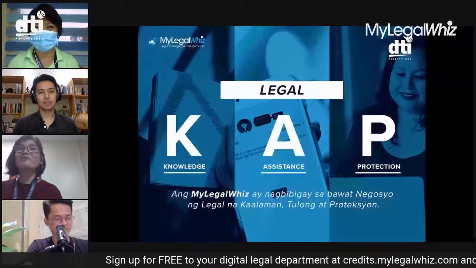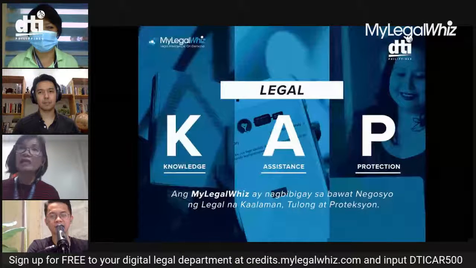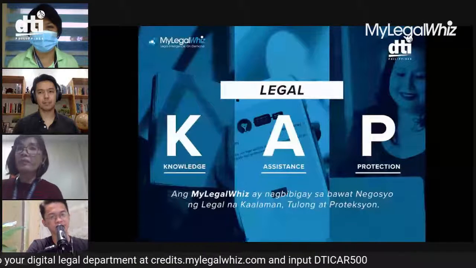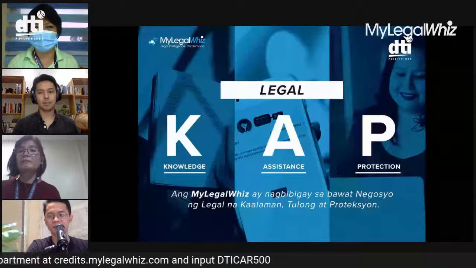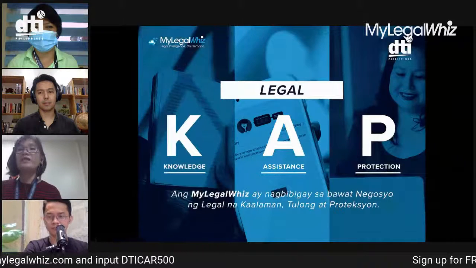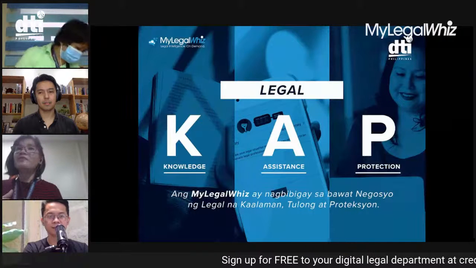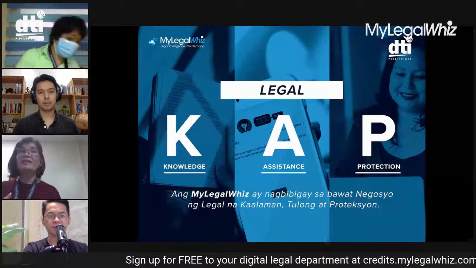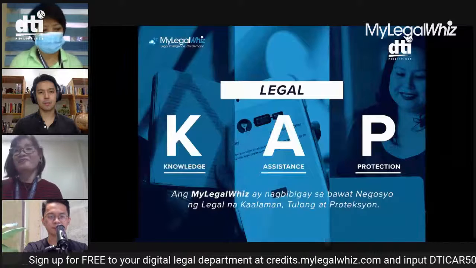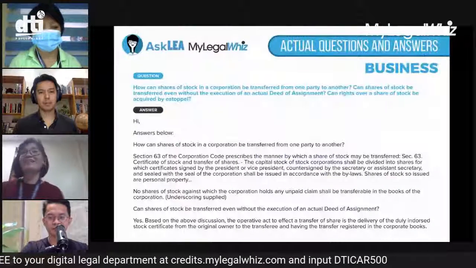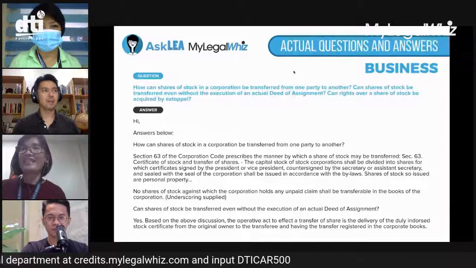Malaking tulong po ito sa atin, not only sa pagbigay natin ng assistance sa ating mga kliyente, but also yung mga personal na buhay natin, nangangailangan din tayo ng mga legal advices at saka mga legal forms dyan.